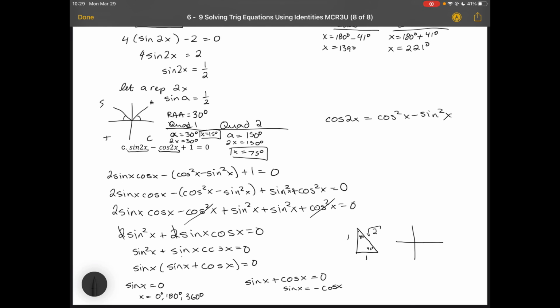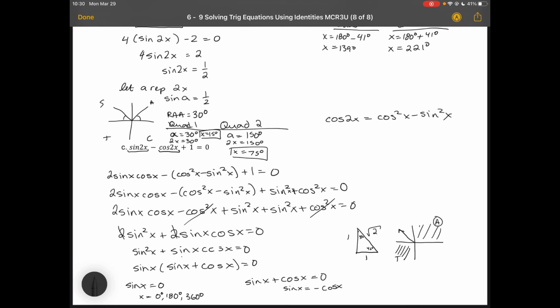So if I draw that out here, I know that in my first quadrant, all the ratios are positive. So that is something that can't happen. So I don't have any solutions in that quadrant. In my third quadrant here, both sine and cosine are negative. So I also can't have any solutions where sine x is equal to negative cos x. So no solutions there either.